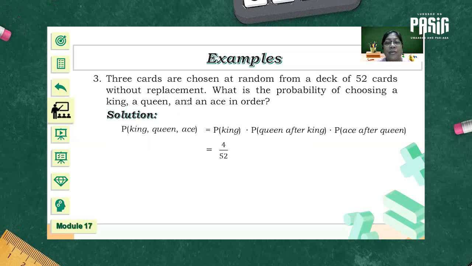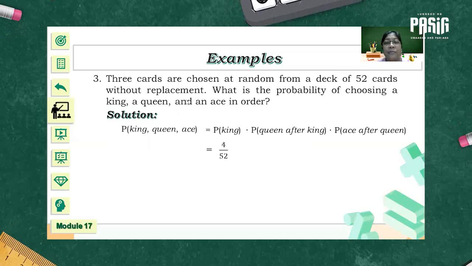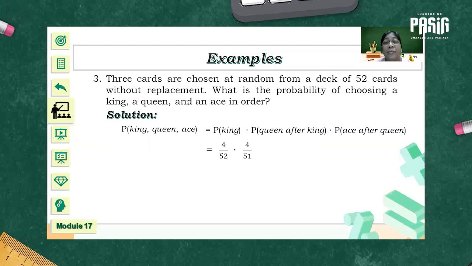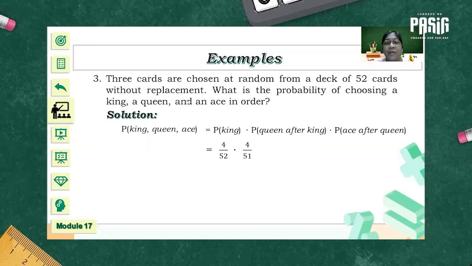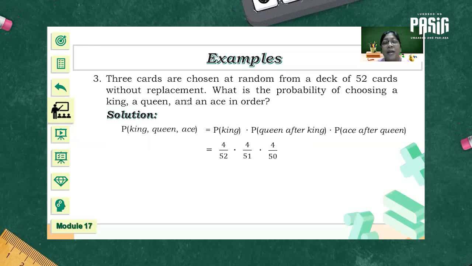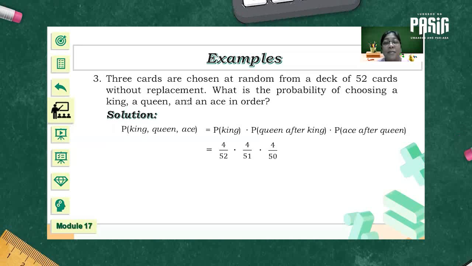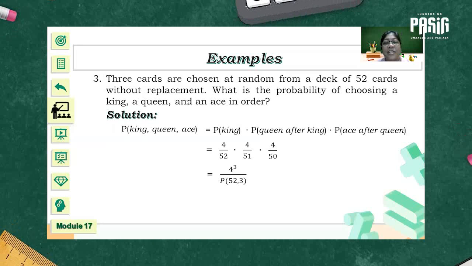A substitution: 4 over 52, because there are 4 kings out of 52. There are 4 queens, but we only have 51 cards in all because the first one was taken. And then 4, because we have 4 aces, so this time we only have 50 cards because the first 2 cards are chosen, which is equal to 4 raised to 3.